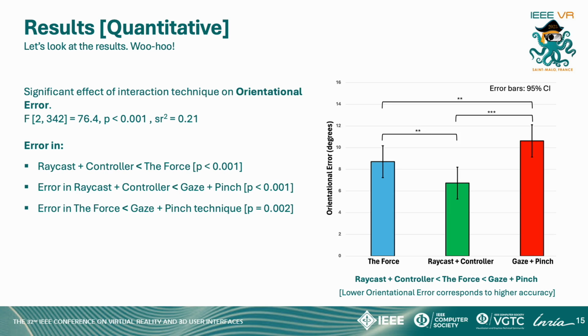While the force did perform significantly better than gaze plus pinch, probably due to the users having the ability to view the target dice from different vantage points, it did worse when compared to raycast plus controller. Nonetheless, the relative superior performance of the force on our measures of accuracy offer partial support for hypothesis 1, indicating that cloning and manipulating miniatures of distant objects can enable higher levels of accuracy for medium field tasks.